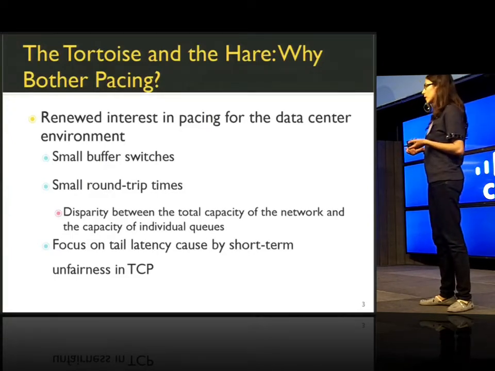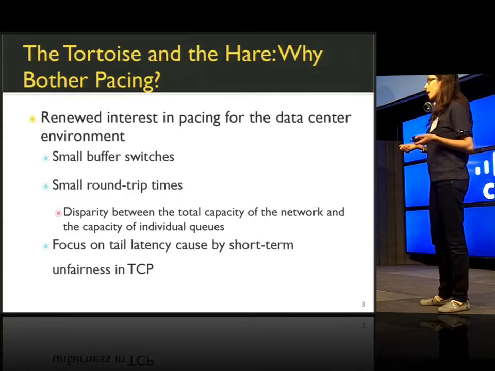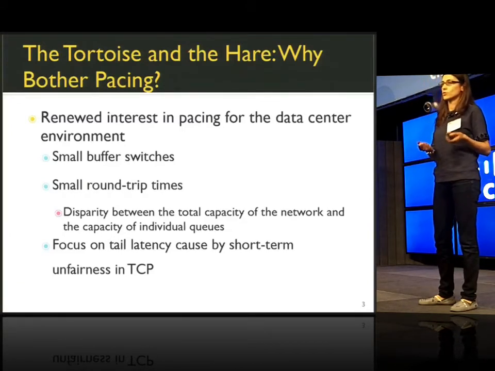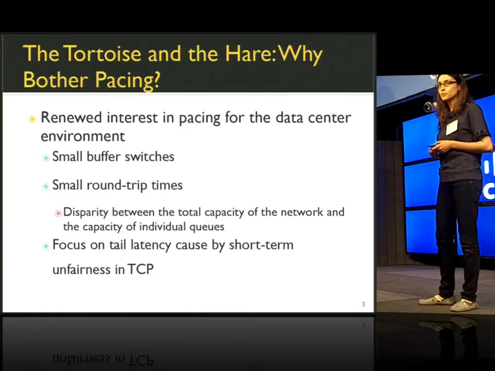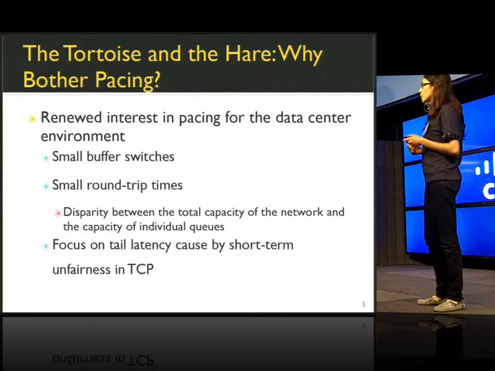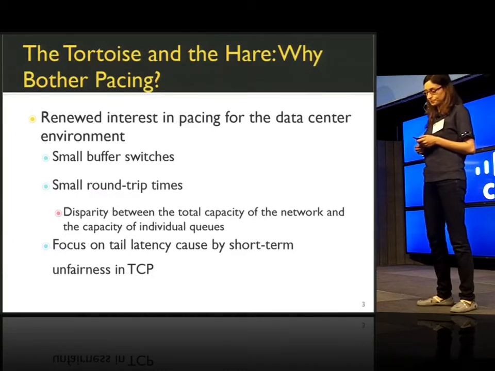Say that in a search engine, a search query is distributed among thousands of servers, and the median latency has no bearing on the search results because the server has to wait for the slowest flow to finish. This tail latency increase is usually caused by the short-term unfairness in TCP, and this is an issue that pacing might be able to address.